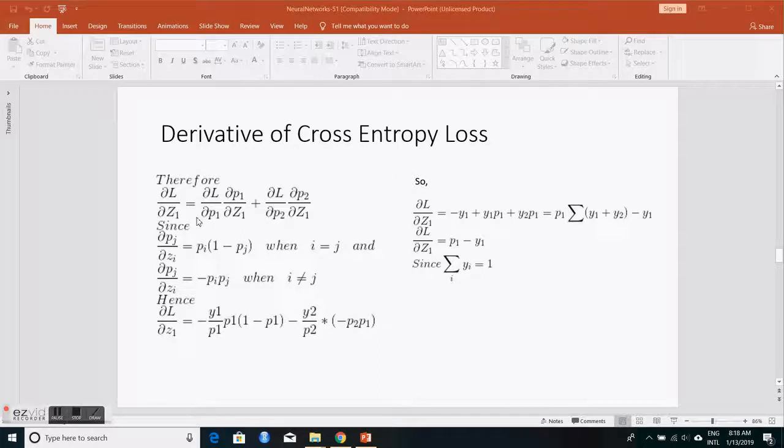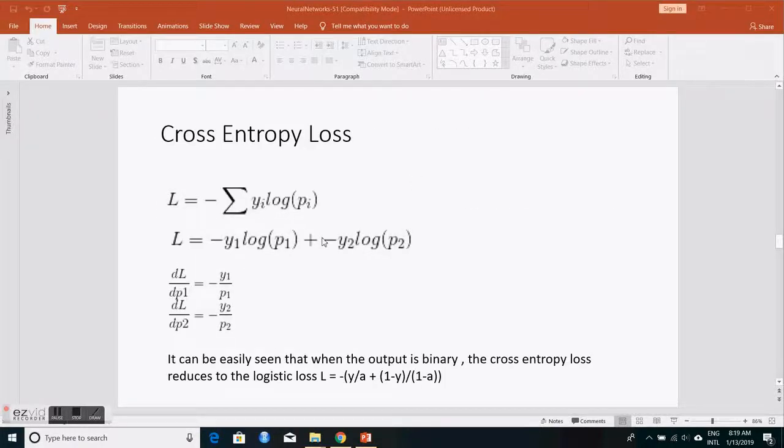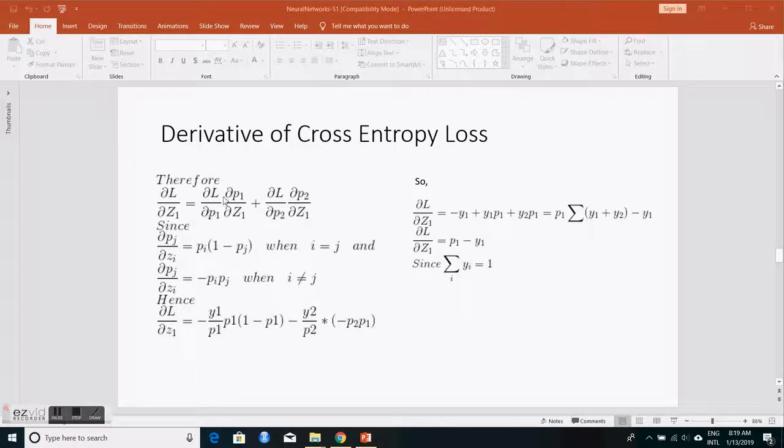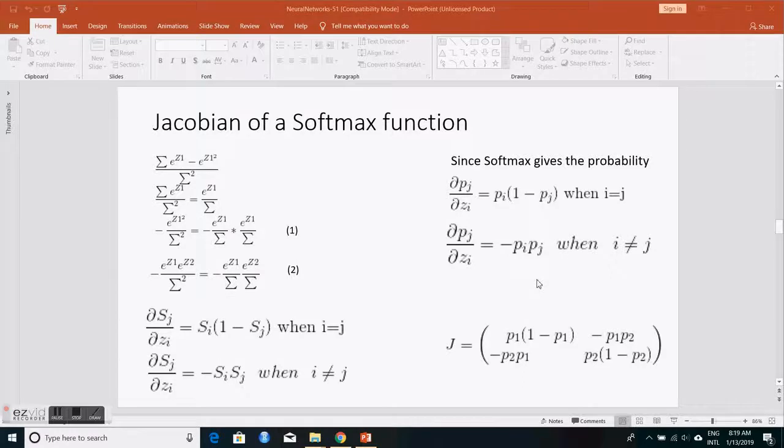Now the derivative of the cross entropy loss, dou L by dou Z1: since we have two probabilities P1 and P2, it will be dou L by dou P1 into dou P1 by dou Z1, plus dou L by dou P2 into dou P2 by dou Z1. Now dou Pj by dou Zi is Pi into 1 minus Pj when i equals j, and dou Pj by dou Zi is equal to minus Pi Pj when i is not equal to j, which is what we saw here.